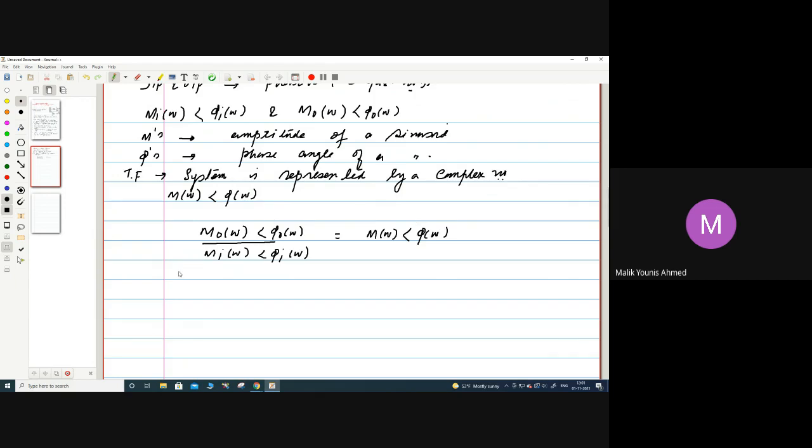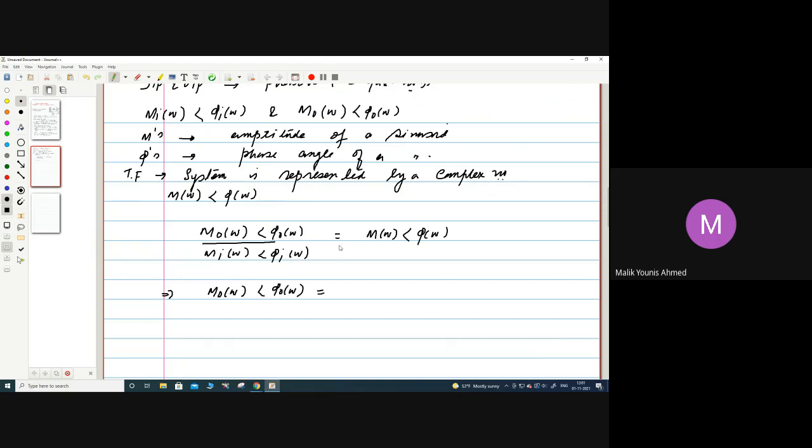From this we can write the output. Output over input is the system transfer function, that is, the system represented by a complex number. So here we can write the output as Mo of omega at an angle of phi o of omega.